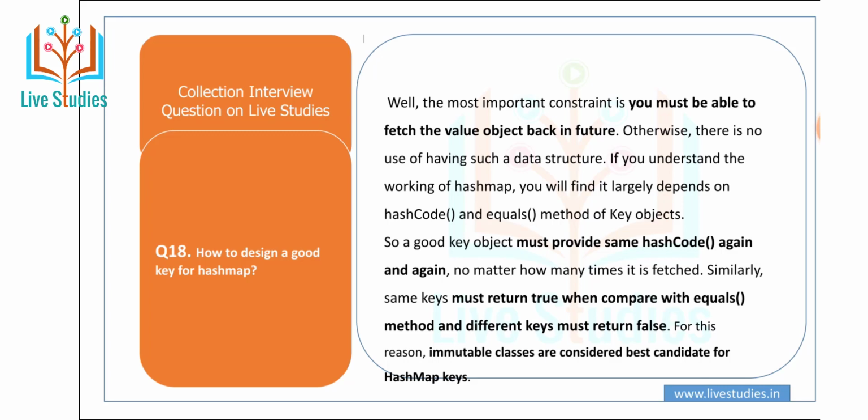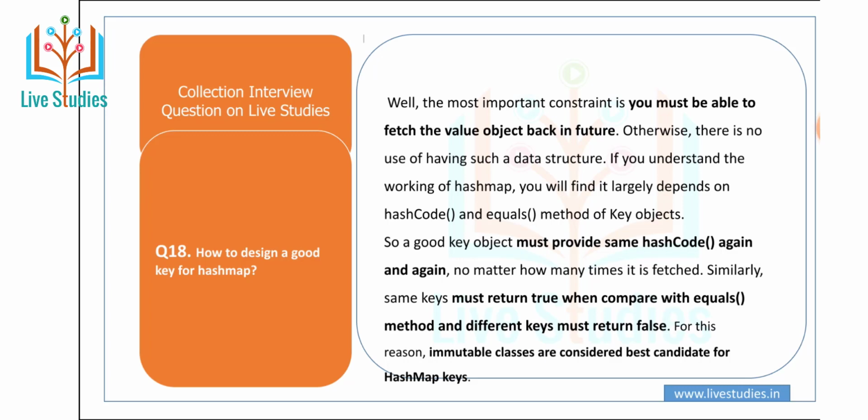If you understand the working of HashMap, you will find it largely depends on the hashCode and equals method of the key object. So a good key object must provide the same hash code again and again, no matter how many times it's fetched. Simply, the same key must return true when compared with the equals method, and a different key must return false.